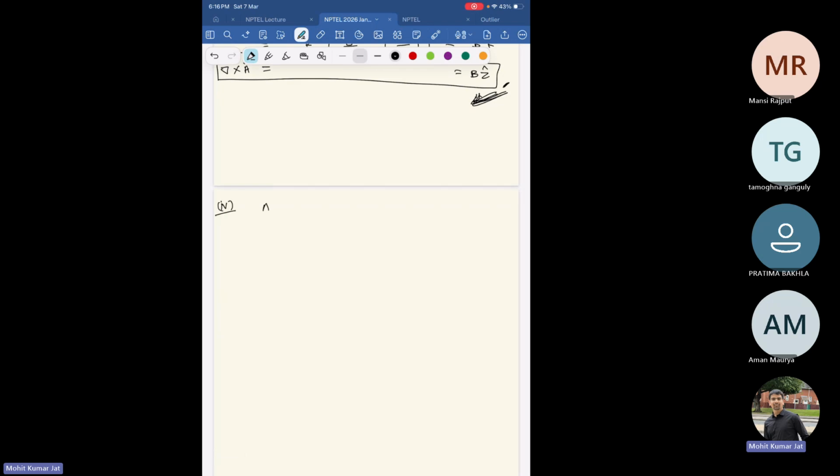Another option which we have in our question is 1/2 minus Bx x cap and minus By y cap.